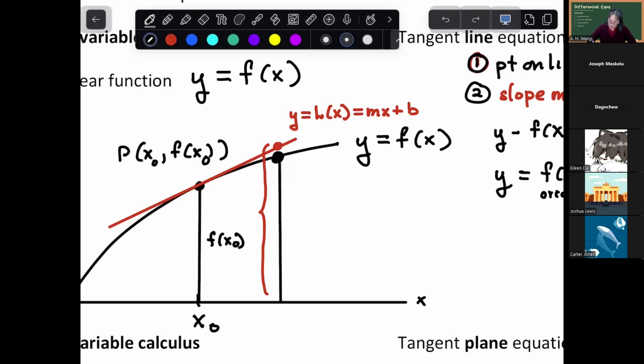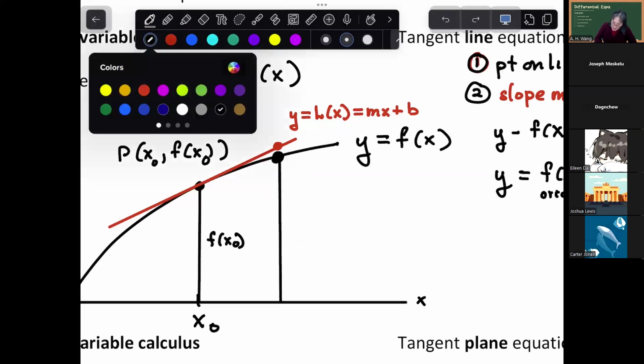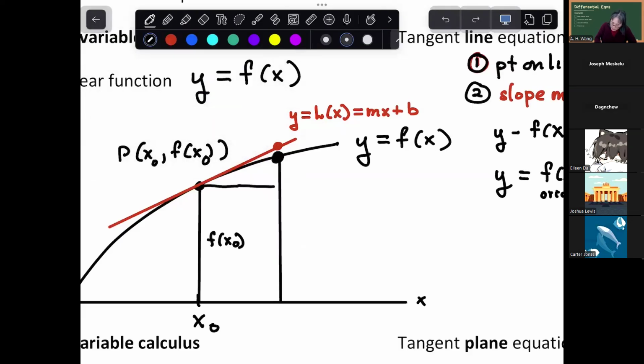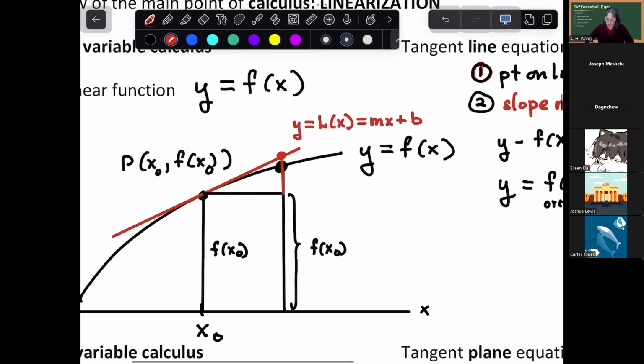And what is the red height? Well, it's the f of x naught, right? Can everybody see that? Everybody can see. And then I'm going to say, this is the original height, this is the f of x naught. And then look at this, right? This is the change in the height.